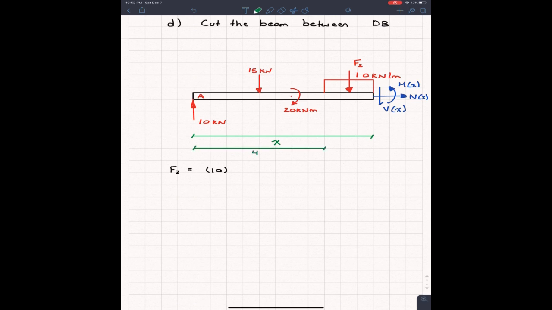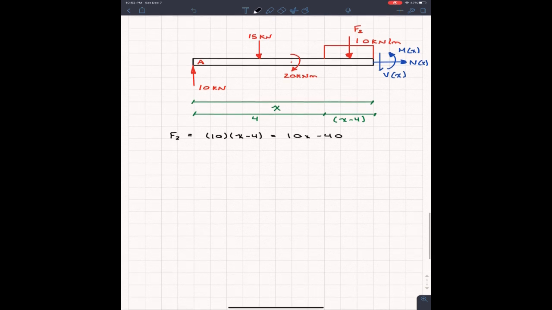Well, everyone knows that. That's not too bad. So therefore, this distance right here must just be 4 minus x. Or sorry, x minus 4. Come on. X minus 4. So when we're figuring out F2 here, the length of it is going to be x minus 4, which gives us 10x minus 40, just like that.